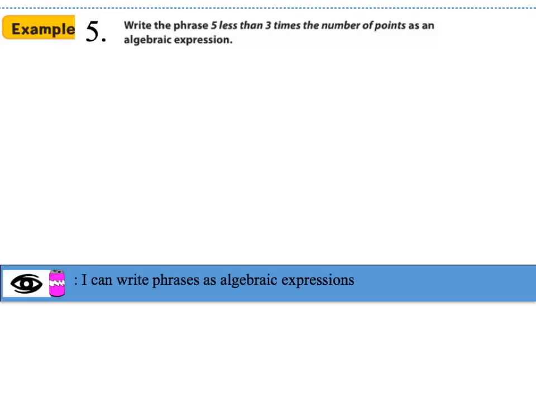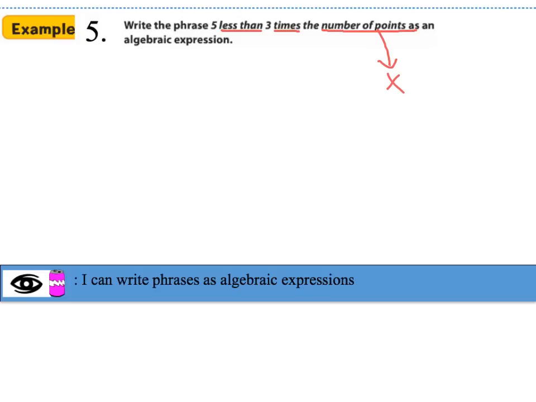So let's go ahead and underline all the important information that we know. We see the word less than, we see the word times, and we see number of points. So I don't know the number of points that they're talking about. So I'm going to assume that they're talking about a variable. And let's call this variable x.